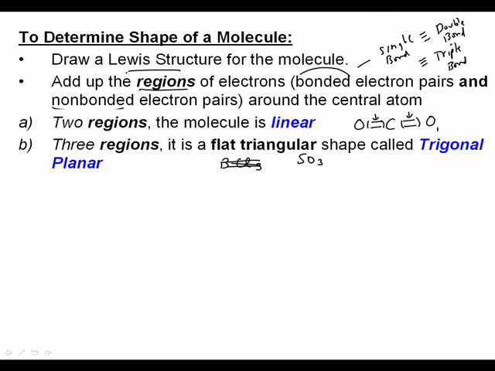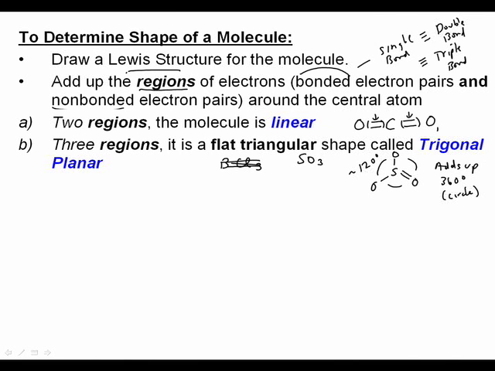SO3 has two single bonds and one double bond, and it will look like this, like the peace sign, if you will. This is called trigonal planar. It's flat, and these angles are about 120 degrees. So the whole thing adds up to 360 degrees, the whole circle. Okay?